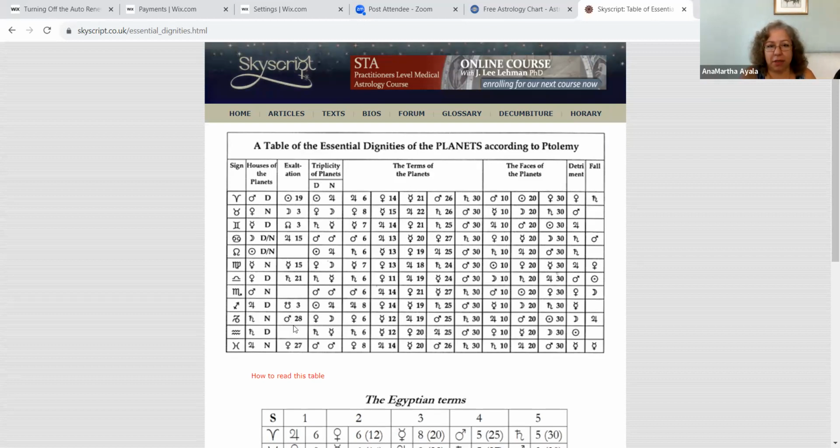It gives you the exaltation, the triplicity, right? The terms and the faces, and then the detriment and the fall. So, like I said, I'm not going to get into those specific items because the explanation would be too long and it has nothing to do or very little to do with the degree theory.